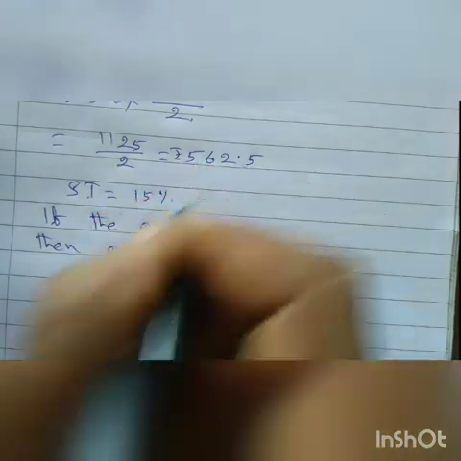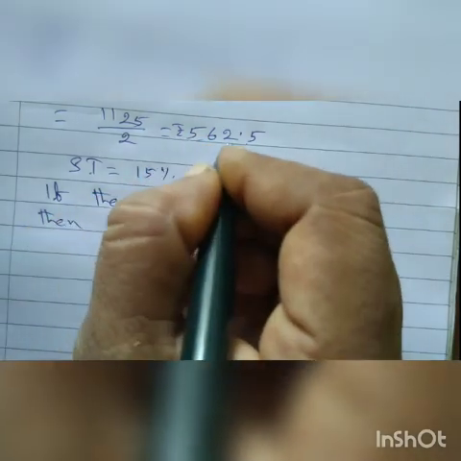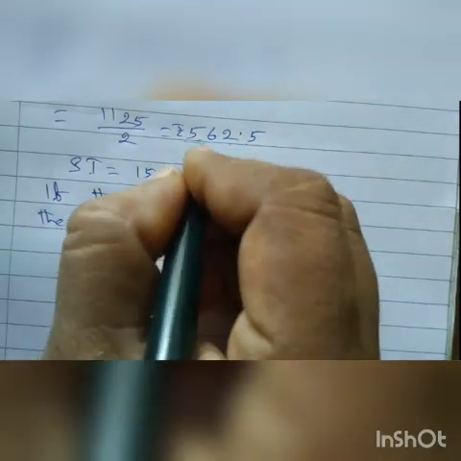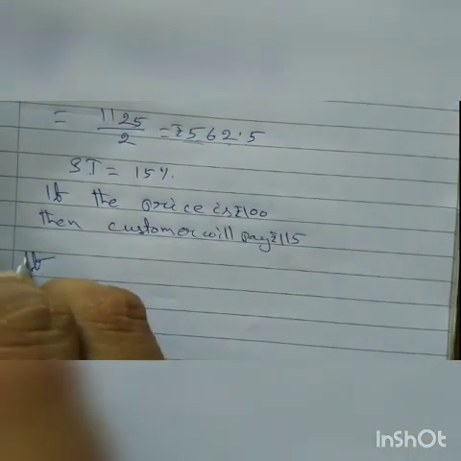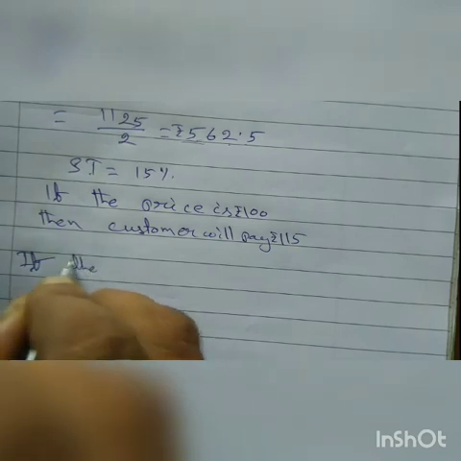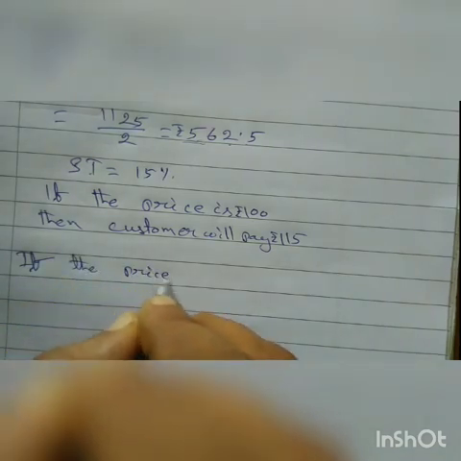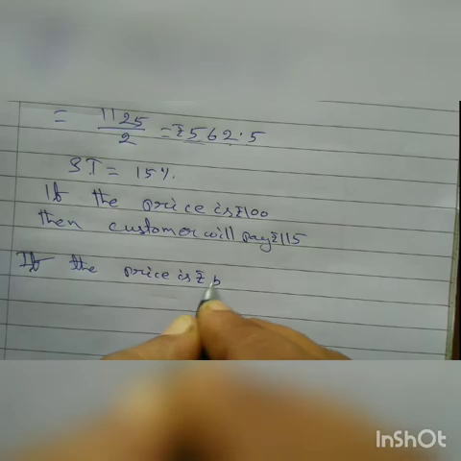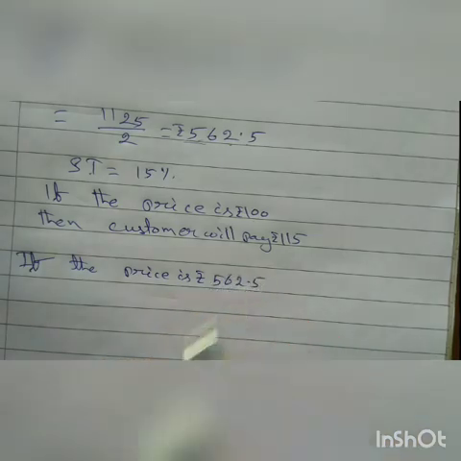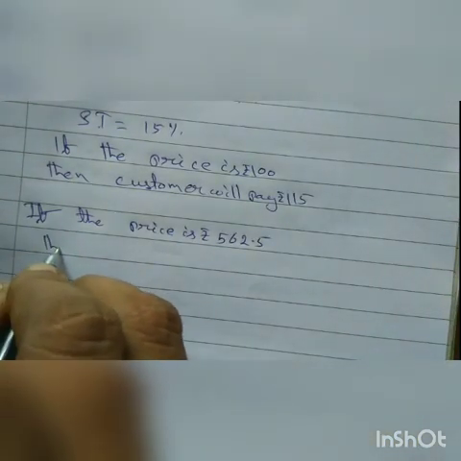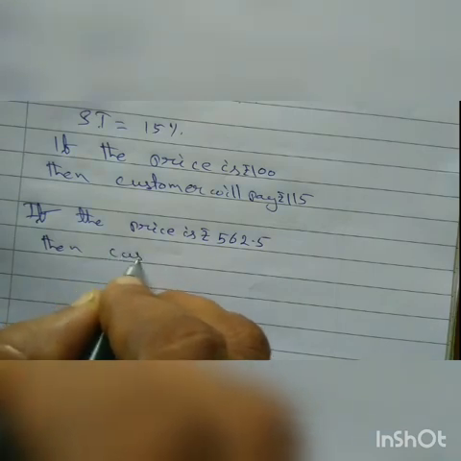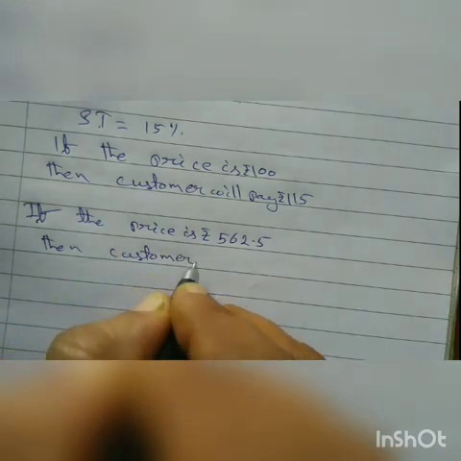Here the price is this much, because after keeping his profit, the seller has decided to sell at this price. So if the price is rupees 562.5, then how much will the customer pay?